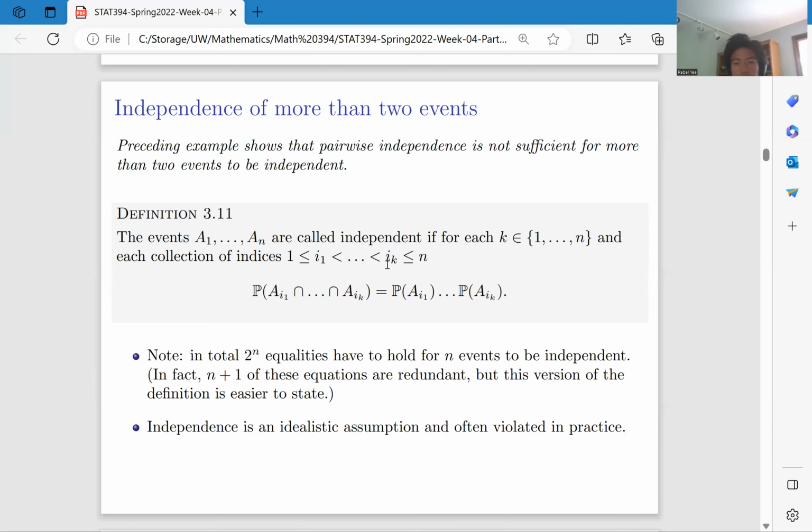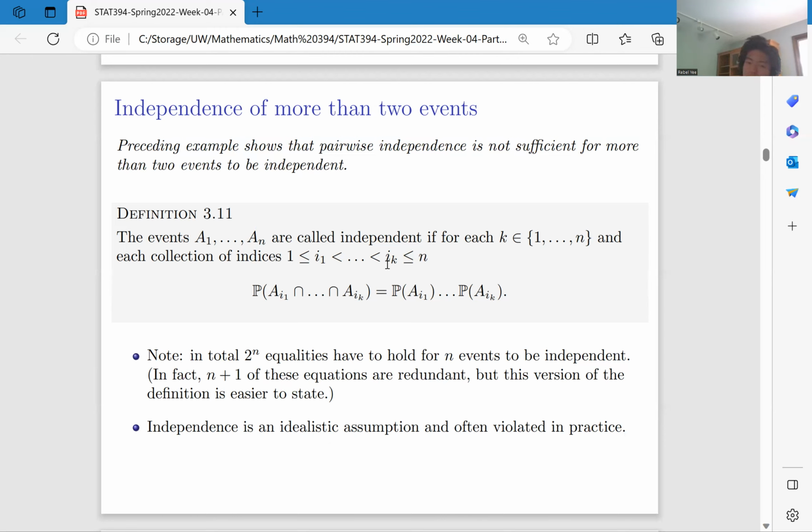First, in the case of k equal to 1, probability A1 equals probability A1, A2 equals A2. That's obvious because this is exactly the same term. Let's move to k equal to 2. A1 intersection A2 is equal to probability of A1 times probability of A2. That's exactly what we do for 2 events.